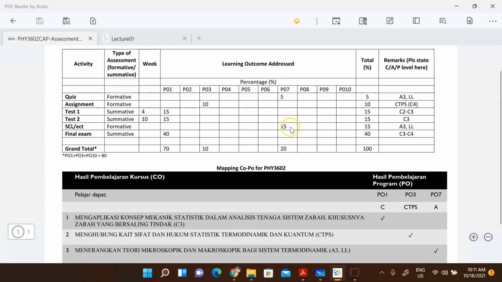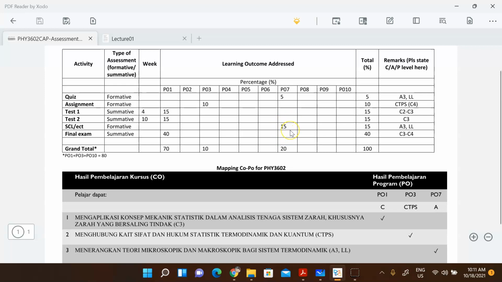And then sometime before the semester break, I'll give you an SCL, student-centered learning modules, where you have to review certain papers in a group. So that is about 15% there.